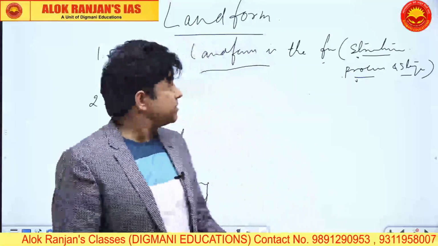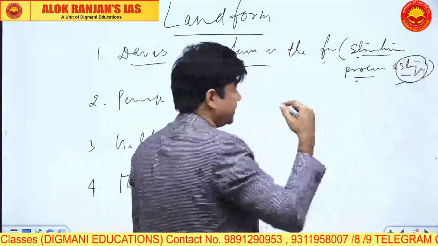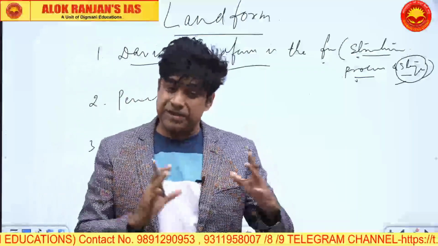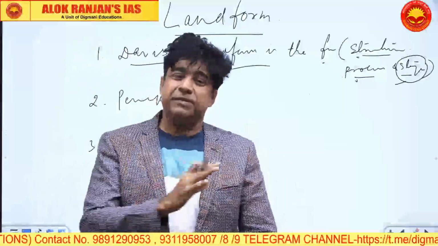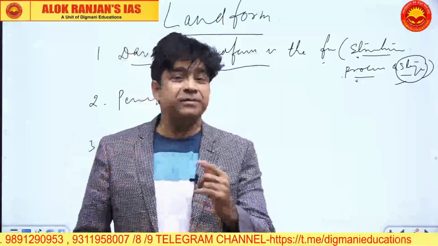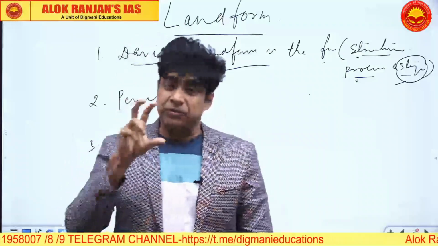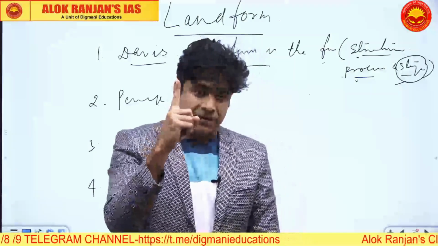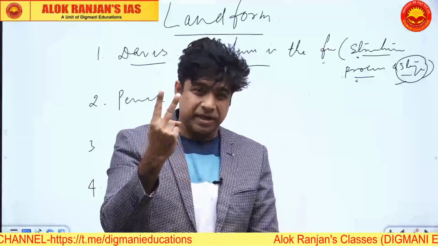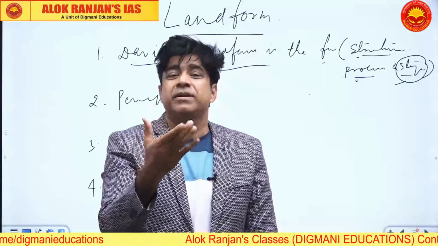So here the stage is only a division of time. Now what Davis says is that during different stages the rate of erosion will be different. So the landform shaped will be different. I can give you one example: during the youthful stage you will have I-shaped valleys, vertical valleys, or gorges you call it, right? In the mature stage, it becomes a V-shaped valley.